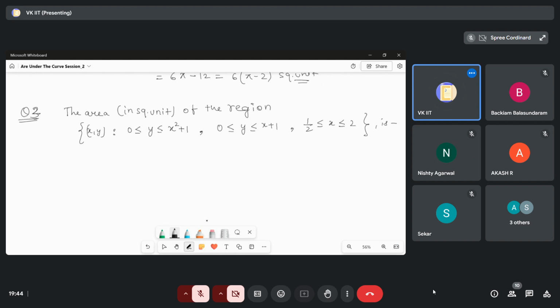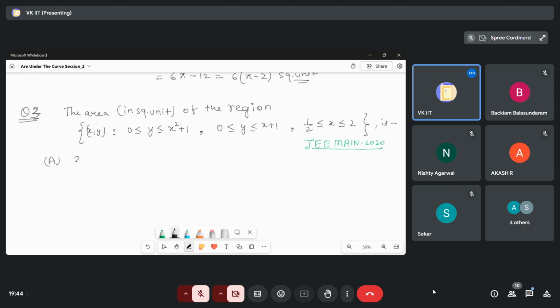So this has also been asked in JEE Main 2020. The earlier question was also from the same year.